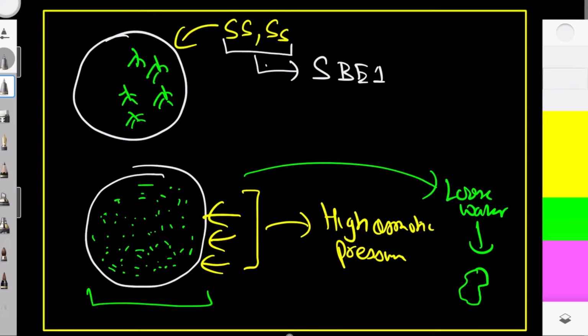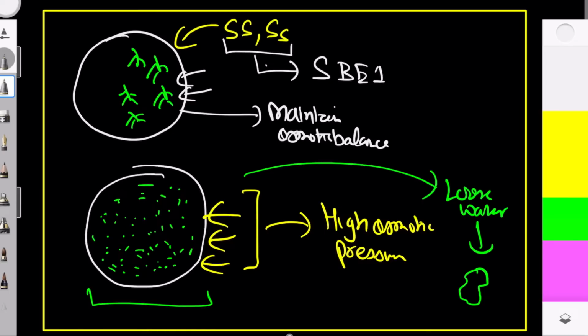Now here in this situation, when you have this sugar stored in the form of starch, less amount of water is going to enter, and this amount of water is going to maintain osmotic balance. And here you are not going to have high osmotic pressure.